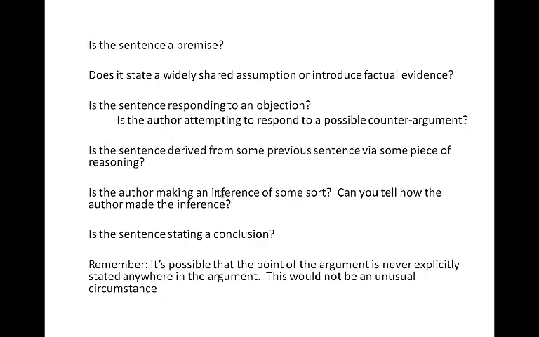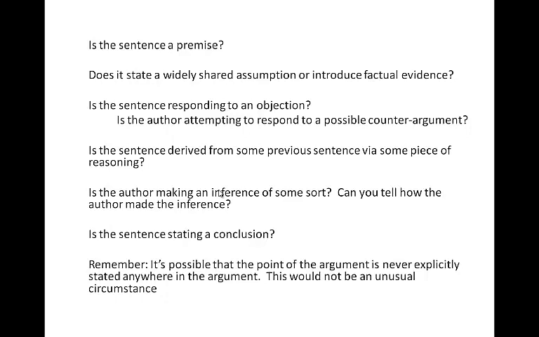As we go on, we're going to be looking at sub-arguments, and sub-arguments would be attempts in the course of the argument to anticipate counter-arguments and to respond to possible objections. So we're going to ask, is this sentence in fact responding to an objection? And is the author then attempting to respond to possible counter-arguments?